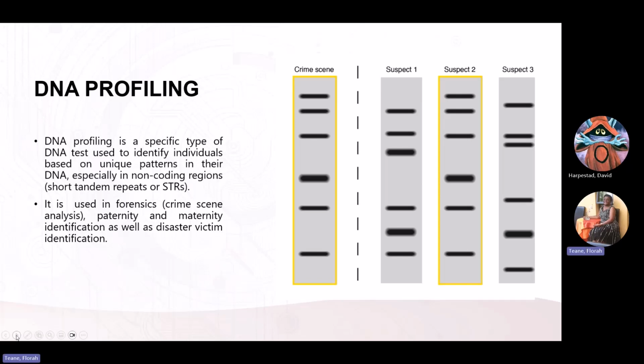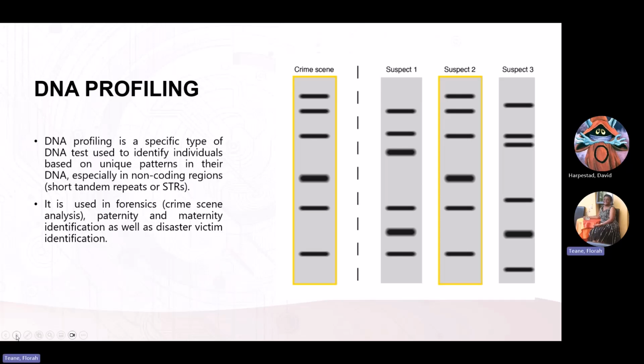And you have heard on several occasions, when people are being killed, are being raped, they do what we call DNA profiling. And what is DNA profiling? This is a specific type of DNA test used to identify individuals based on unique patterns in their DNA, especially in non-coding regions, such as short tandem repeats or STRs.